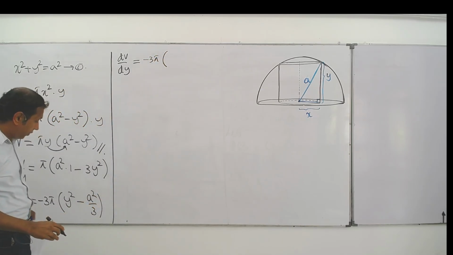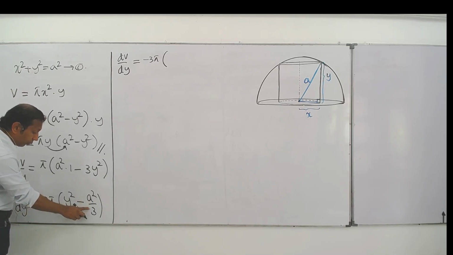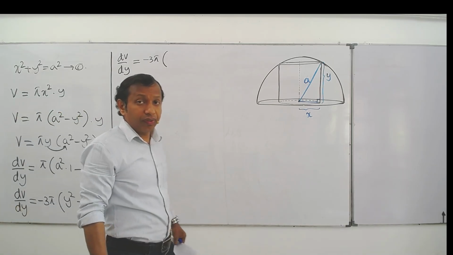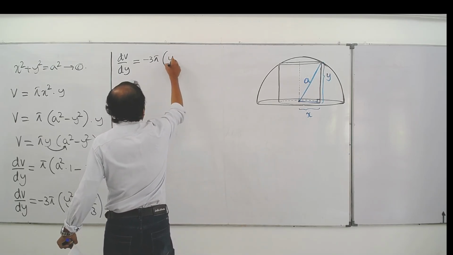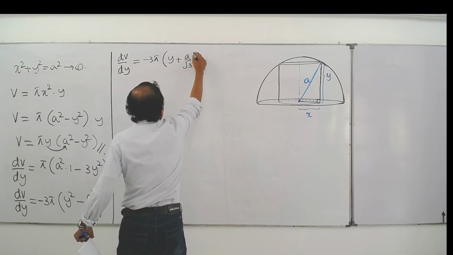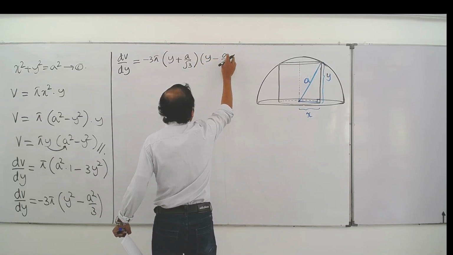Here you can factorize this. You can write this as a over root 3 perfect square, no? Then this becomes difference of 2 squares, right? Then the factor is going to be y plus a over root 3 into y minus a over root 3.